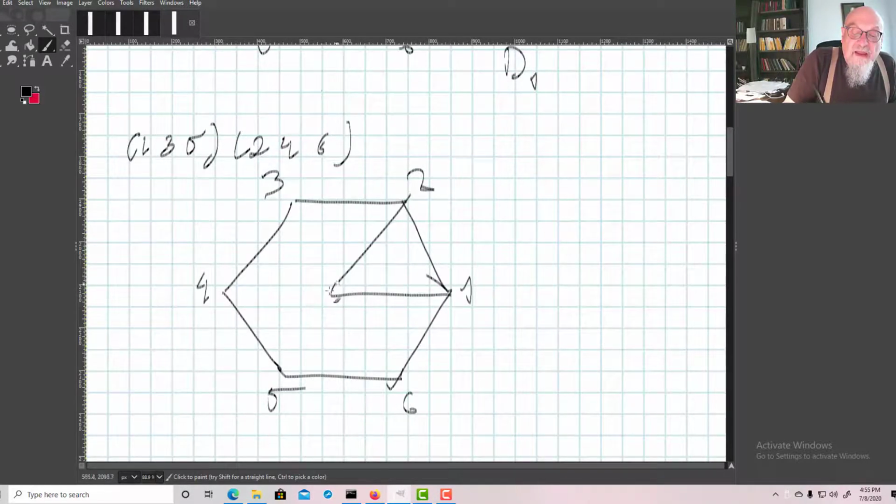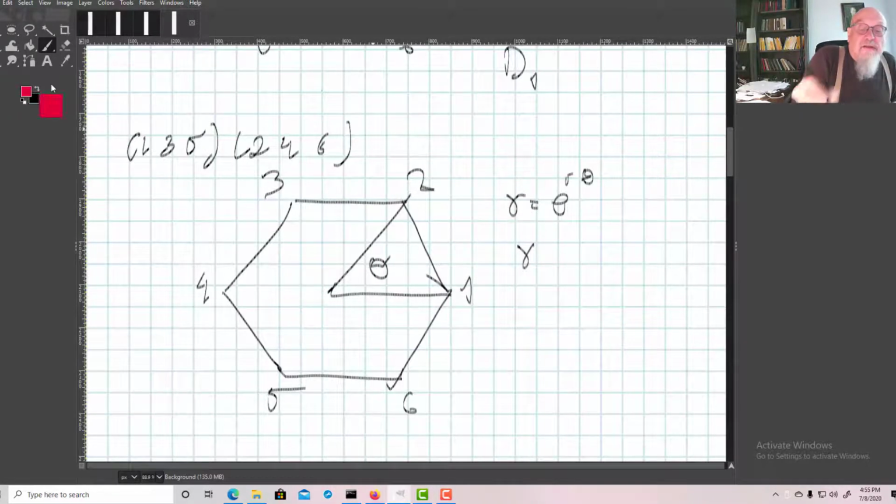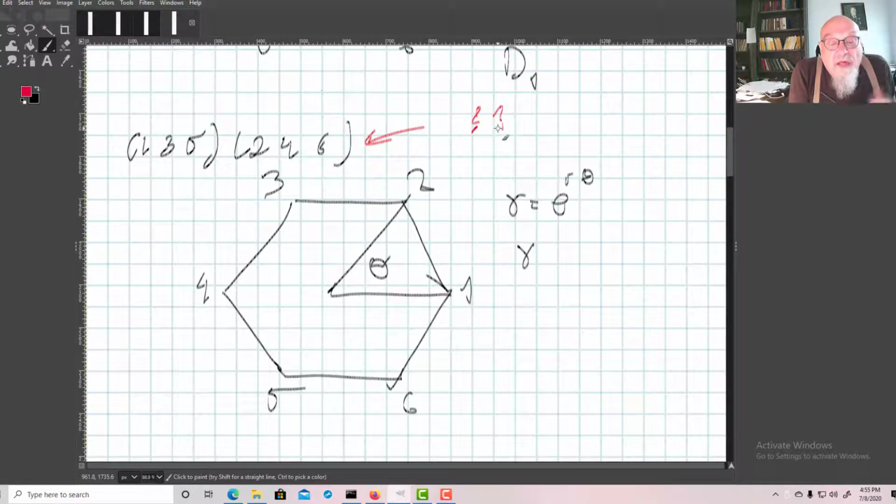So of course here we have this angle theta. So the generator gamma is e to the i theta. So this gamma means this is the rotation by that angle, which is 60 degrees. But what does this rotation mean? How does this rotation act on the hexagon?